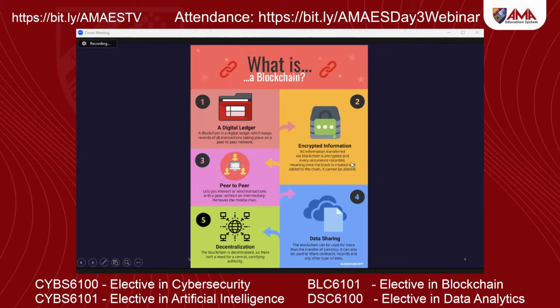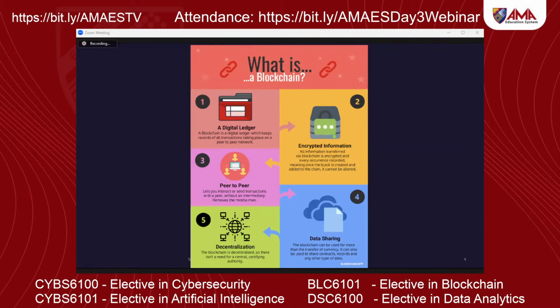Then encrypted information: all information transferred via blockchain is encrypted and every occurrence recorded, meaning once the block is created and added to the chain, it cannot be altered. Then peer-to-peer, or P2P, lets you interact or send transactions with a peer without an intermediary, removing the middleman.